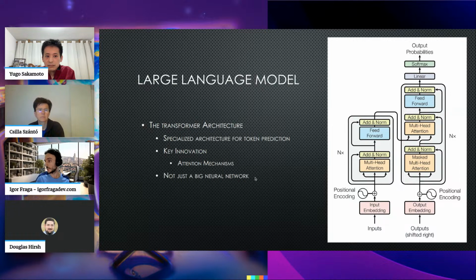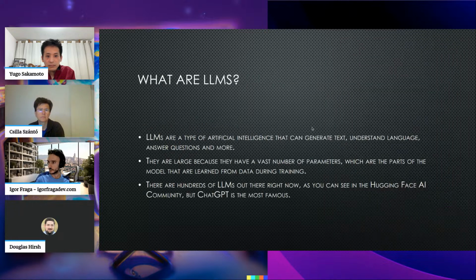Great, but what does that mean? Well, we have an example here of the transformer architecture that does this magic, but especially we add an input, and this generates stuff for us.